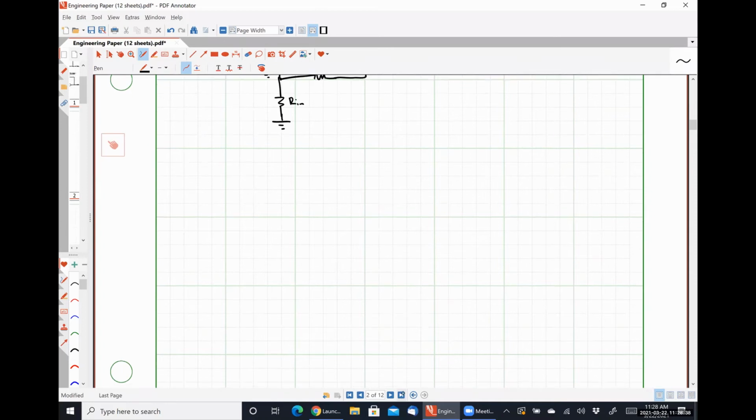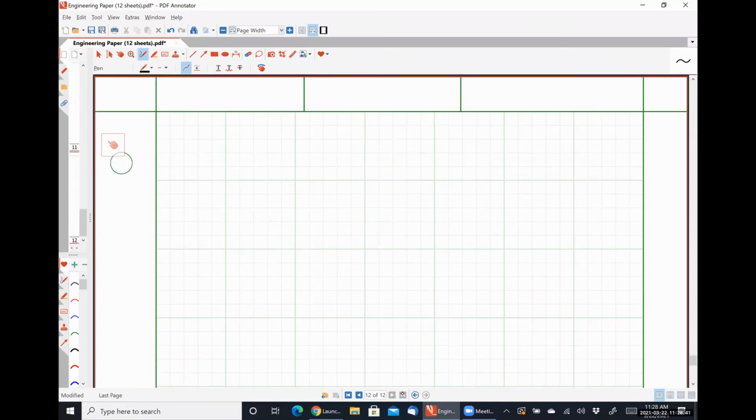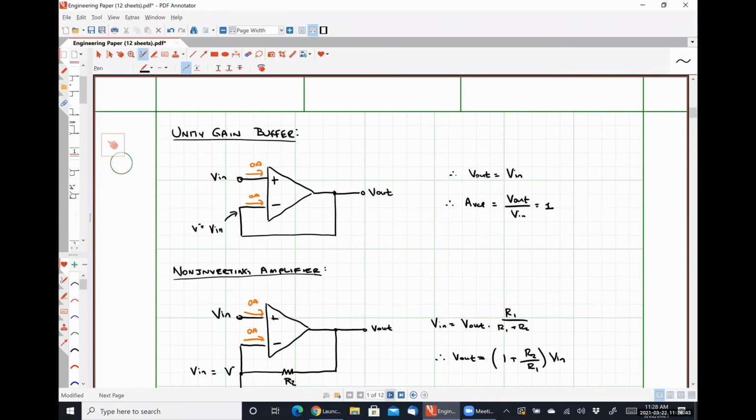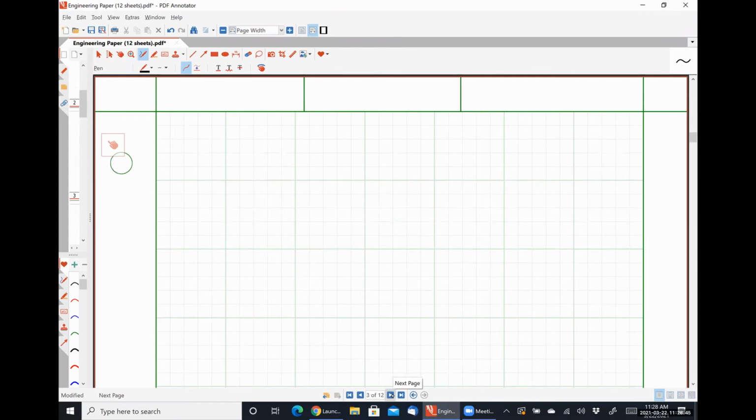Let's jump ahead now to a differencing amplifier.